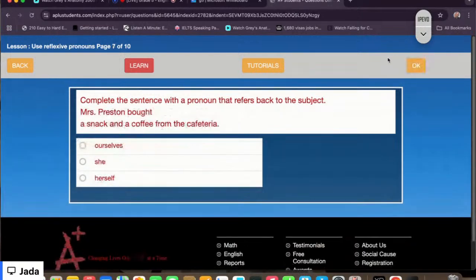Mr. Preston bought Dash a snack and a coffee from the cafeteria. But Mrs. Preston bought herself, she or ourselves.